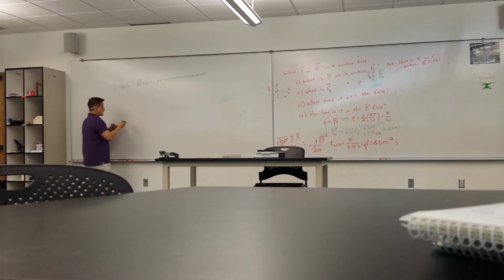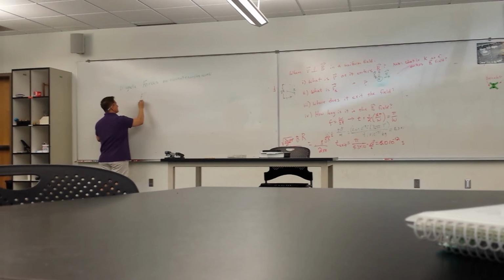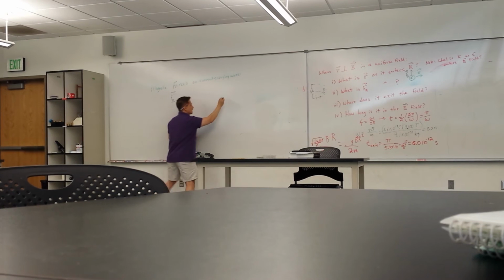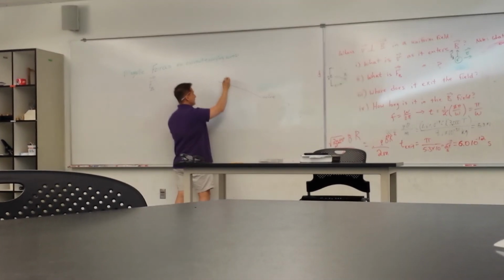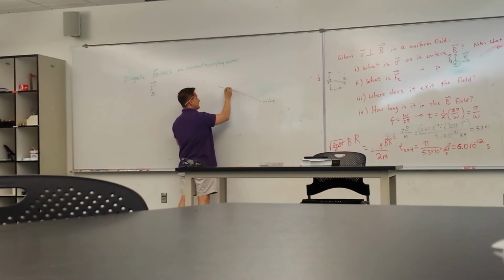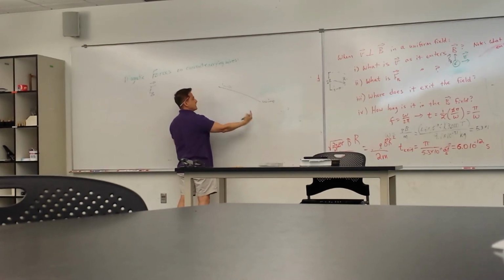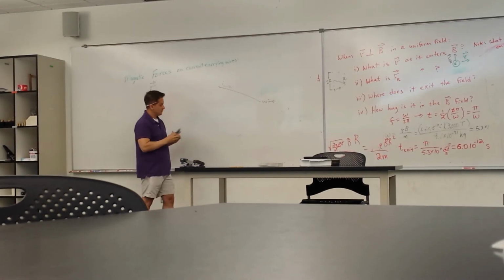Okay, so the idea is essentially this. When you have a current in a wire, rather than a charge moving through space, so this is our wire, and it's got a current running through it, which means electrons are running backwards.